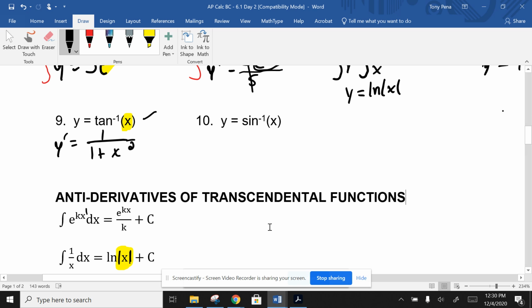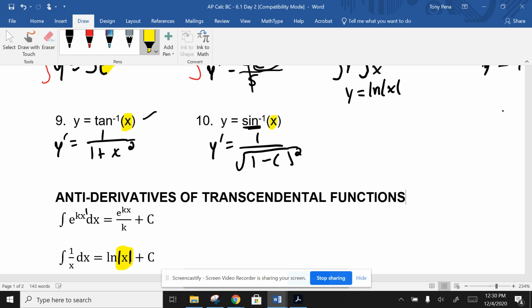All right, and then the last one, inverse sine. Inverse sine's derivative was 1 over the square root of 1 minus, and then we said u squared. Just like the inverse tangent, u is your composite. In that case, it's an x, and then the derivative of x would be a 1.